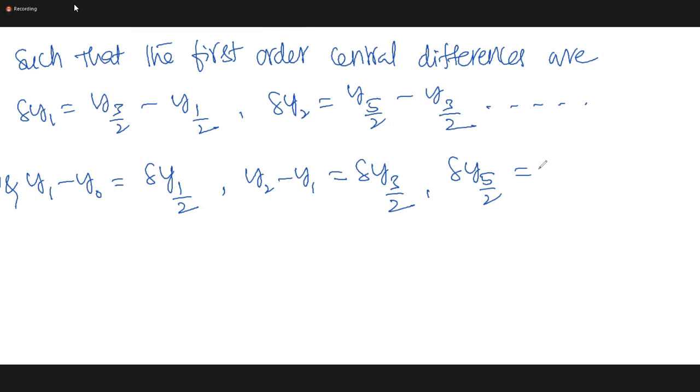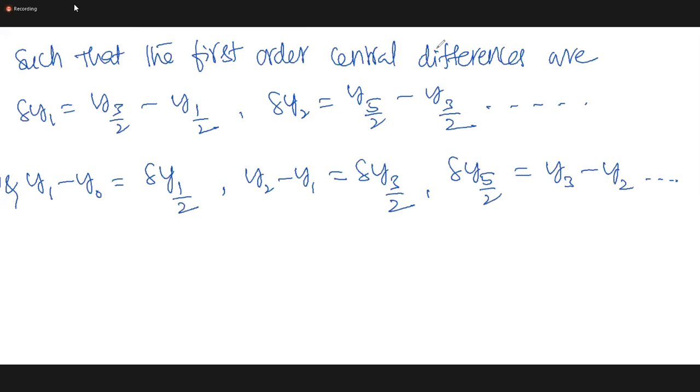The suffix 5 by 2 can be written as 3 plus 2 by 2, that is y3 minus y2. Are you following?